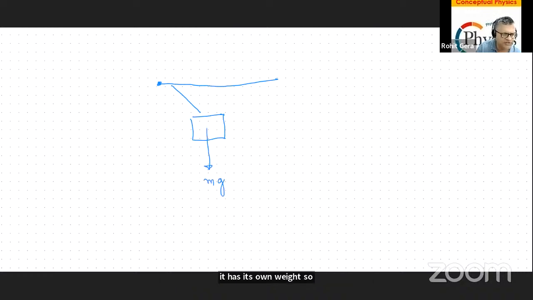It is connected to one string here and another string here. So M2G, this is alpha and this is beta. So there is a tension here, pulling it, T2. Separate strings, separate tensions. The block is stationary. It's in equilibrium.